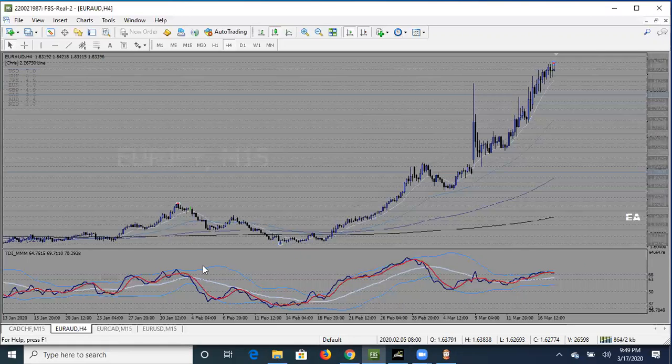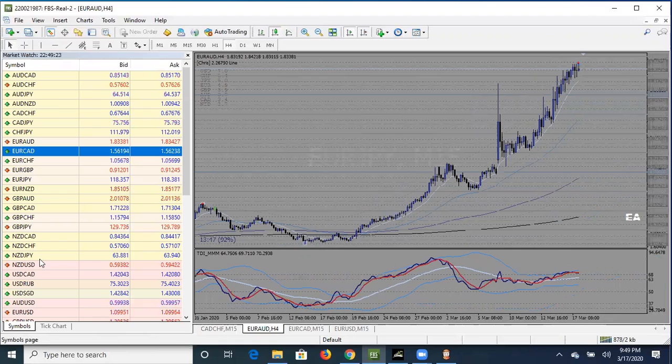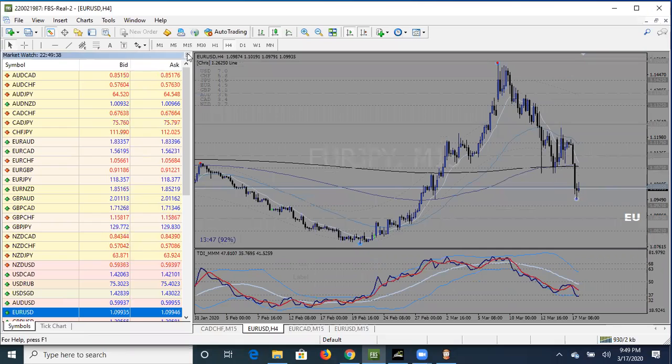We bought Euro USD too and we started selling some days back. So I've been able to identify my institutional order flow, for instance, on Euro USD. Let's call up EU here. So let's say we've been able to establish our institutional order flow on the 4 hours on EU, and we discovered the institutional order flow to be bearish, right?